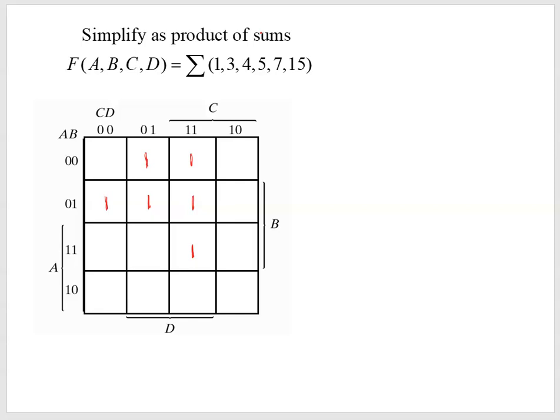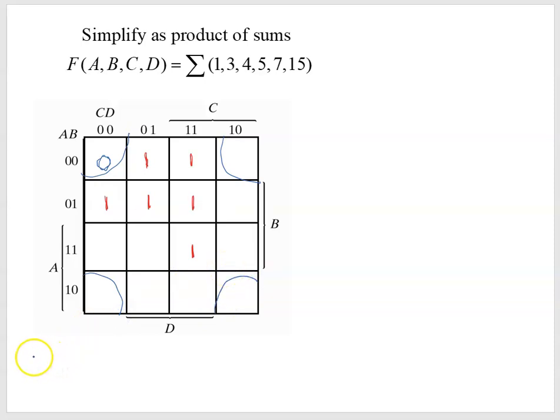We want to start with the essential prime implicants. If we look at this cell here, which is a 0, it can't be covered by this row because the 1 is in the way, but it can be covered by the 4 corners. And there's no other way to cover that with 4 cells.